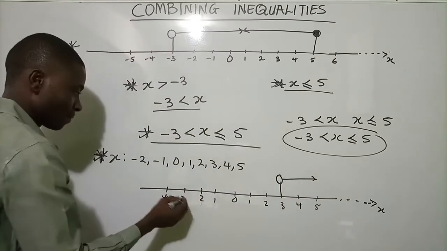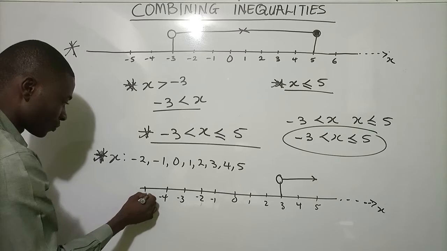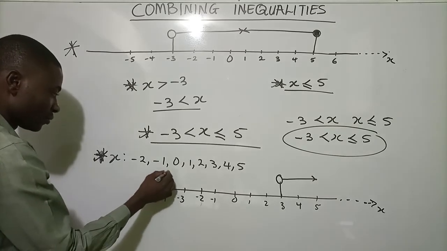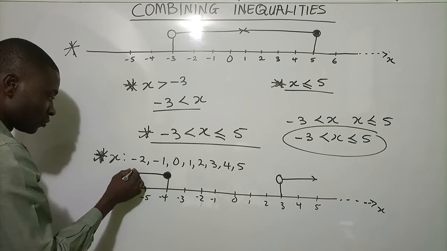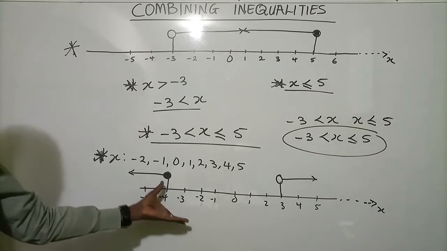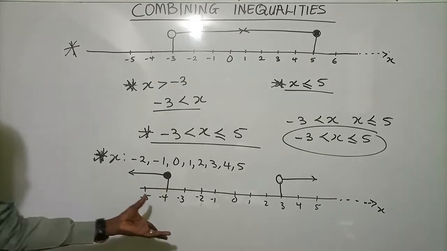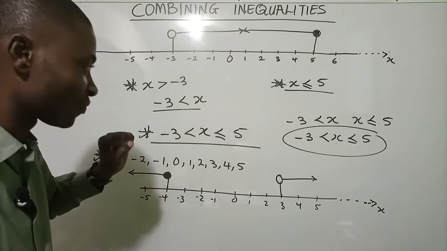Now imagine you have this going this way, and then we have this going this way. Now look at this number line we have here. First, we have inequalities being expressed in them. So let's bring out the inequalities first.